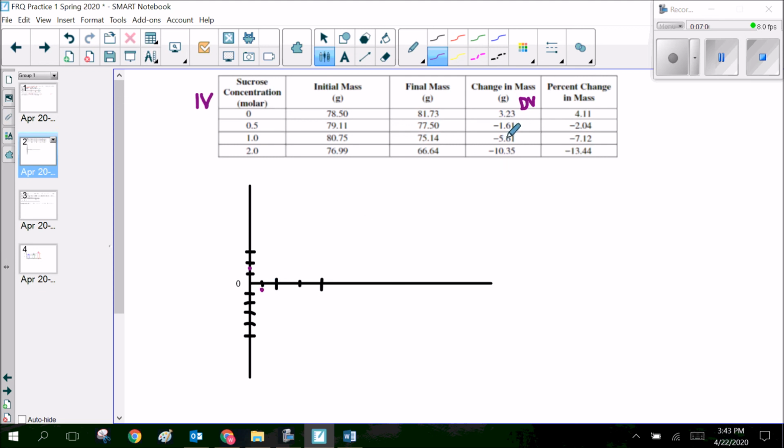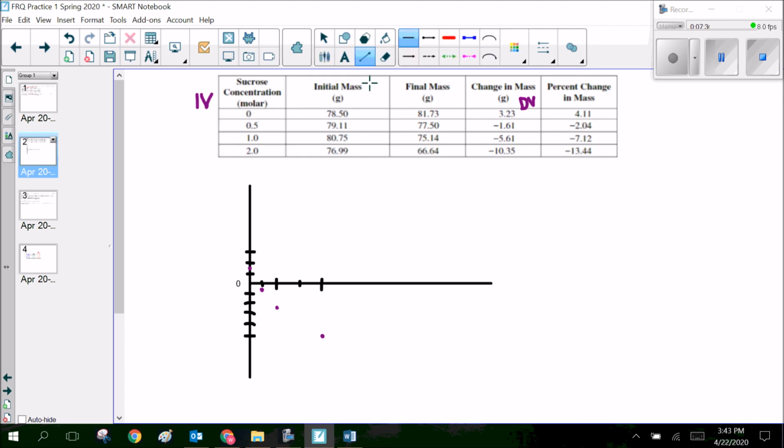Okay, -5.61 for 1, so I'll go to 1, and then 2, 4, and 5.61 is going to be just before we get to 6. And then we're going to have -10.35 down here, so this is for 2, so we'll go all the way down, 2, 4, 6, 8, 10, and it's just beyond 10.